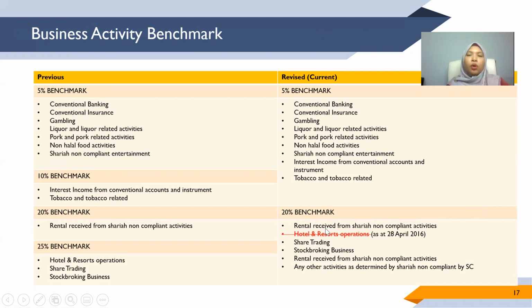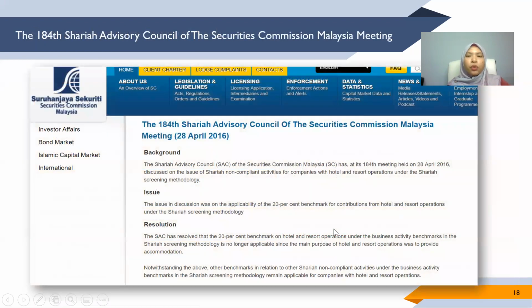This is due to the main purpose of hotel and resort operation being to provide accommodation. So it is no longer in the 20%, but will be calculated based on the 5% benchmark if the hotel has any other activities.